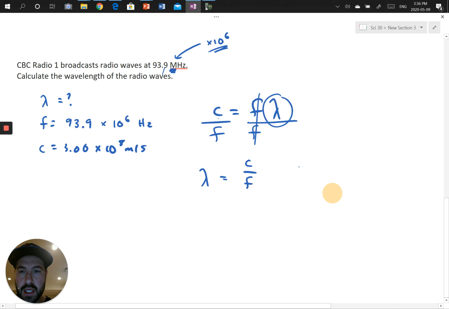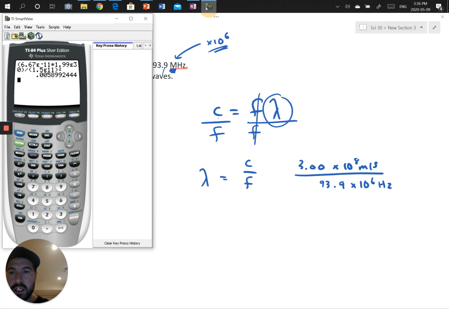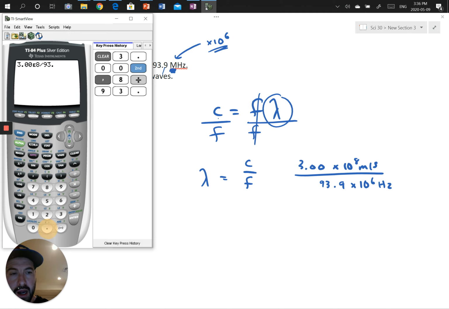So I'm going to take 3.00 times 10 to the 8 meters per second and divide that by 93.9 times 10 to the 6 hertz. We could mess around with units, but we're not going to go crazy here. So let's do 3.00 times 10 to the 8 divided by 93.9 times 10 to the 6.